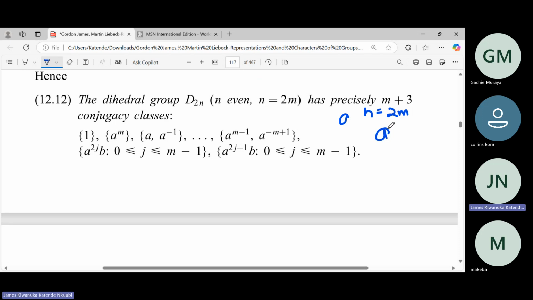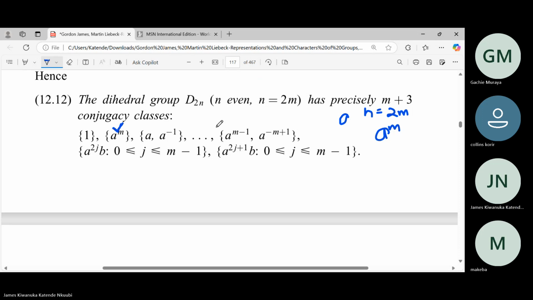So the element a raised to m will be its own inverse. So it will be in its own conjugacy class, because they are supposed to be pairs, each element and its inverse. But this element will be its own inverse, so it will be in its own conjugacy class.